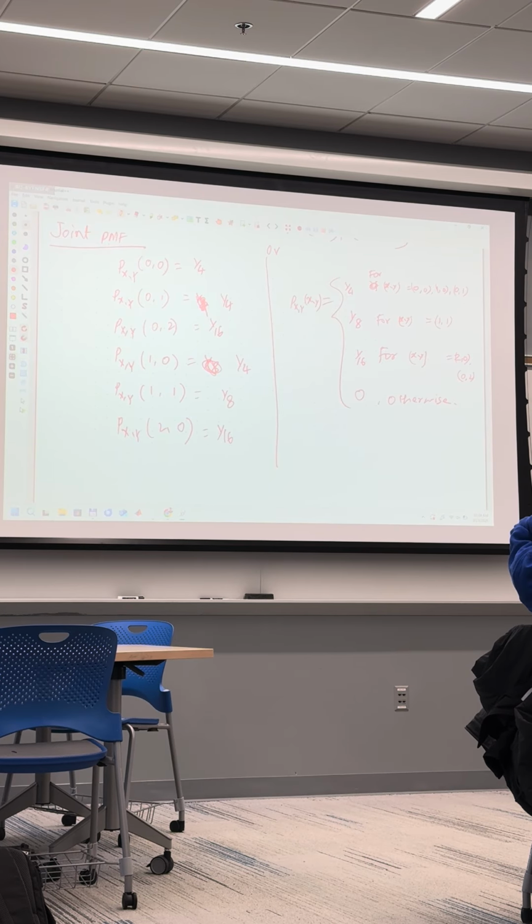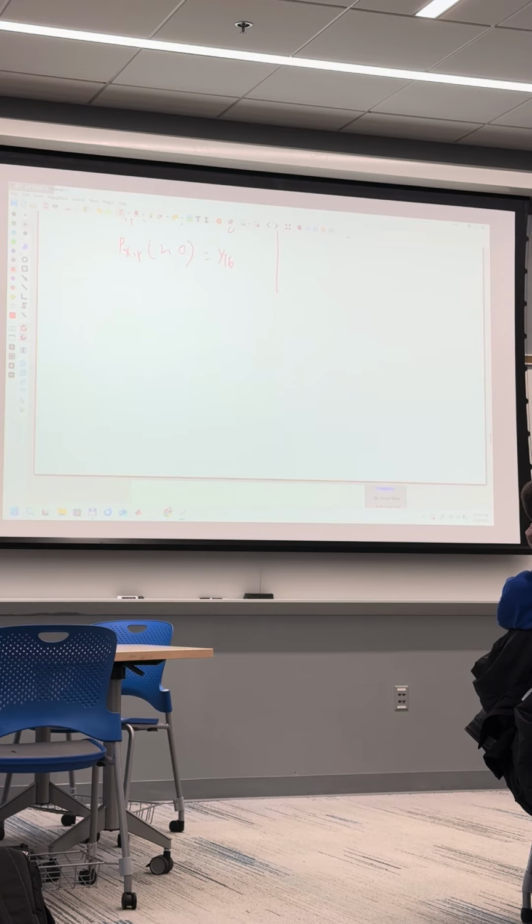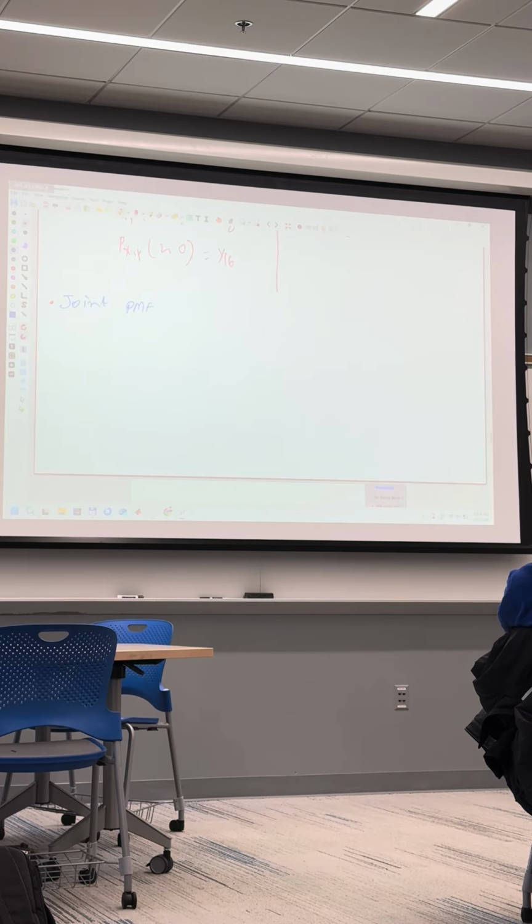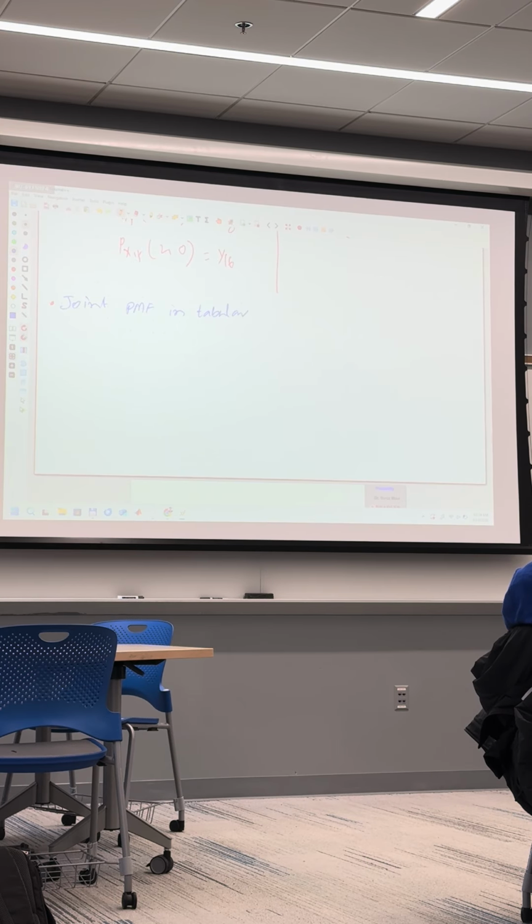So in tabular format, joint PMF in tabular format, what you do: here you have x, you have y, because you are placing the values. This is 0, 1, 2.